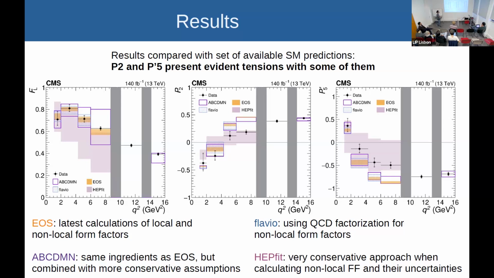So, yeah, basically, this group producing these predictions has always been quite skeptical about how certain, how robust the non-local form factor estimations are, especially because of the impact of the charm loop in the non-local form factors.